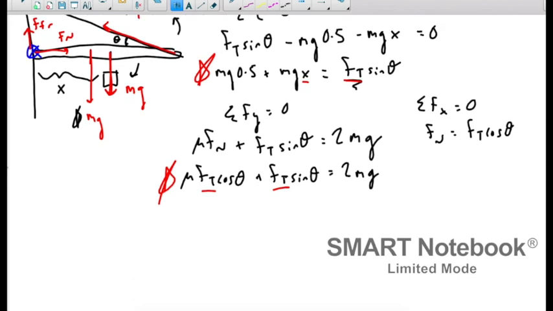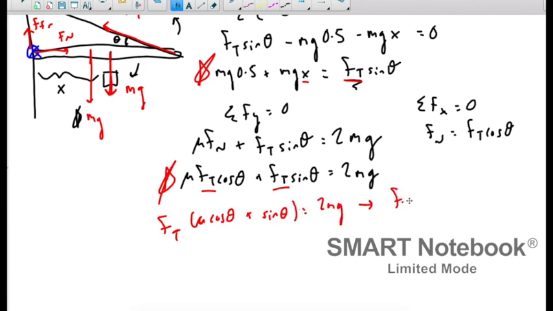Here's what I did. I factored out the force of tension from this expression, and I got it equal to things that I do know. I know mu, I know the angle theta, right? So I was able to say that the force of tension, I just factored it out, times mu cosine theta plus sine theta equals 2 mg.